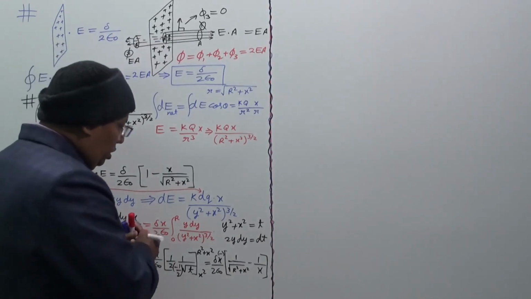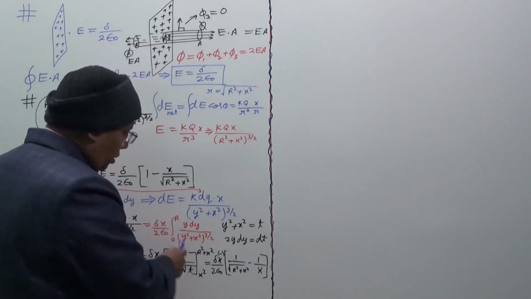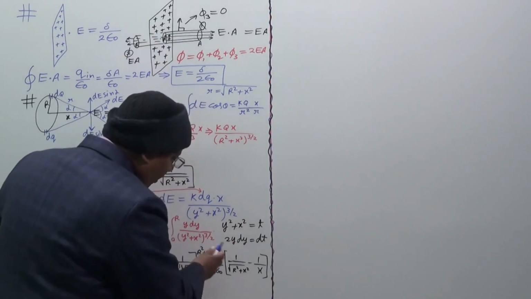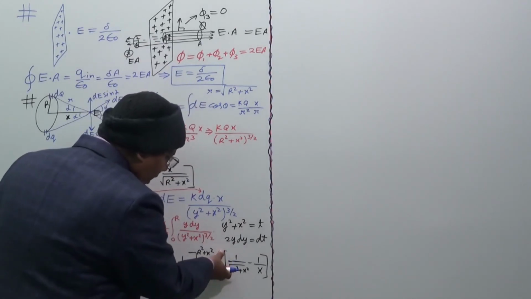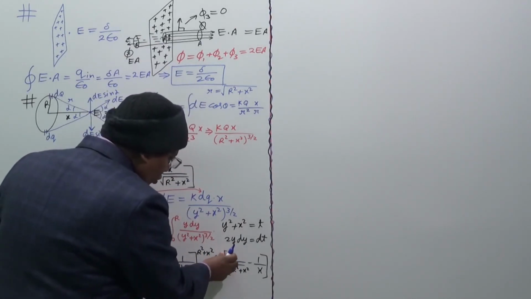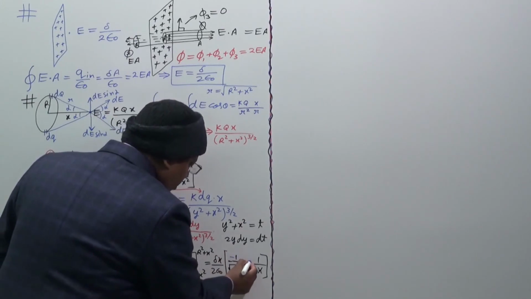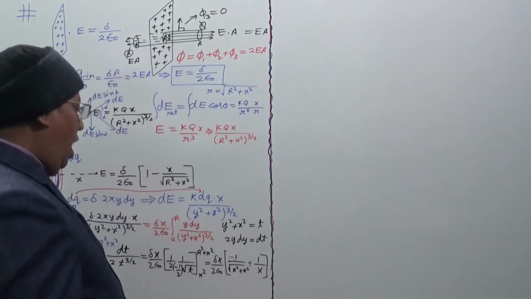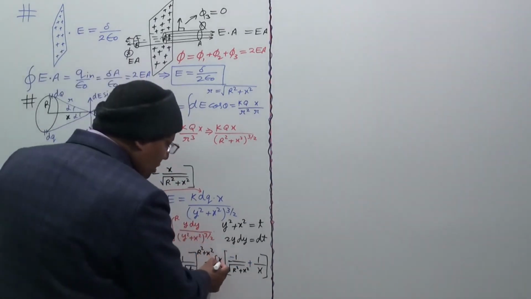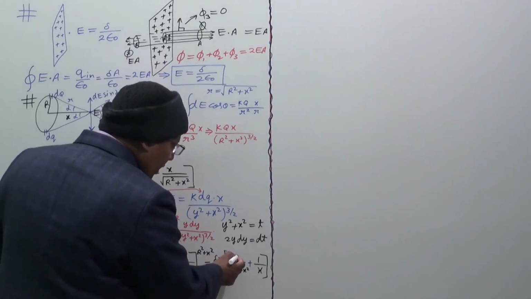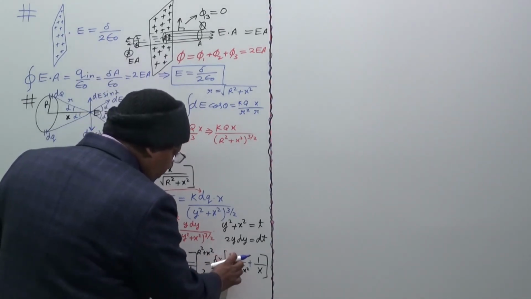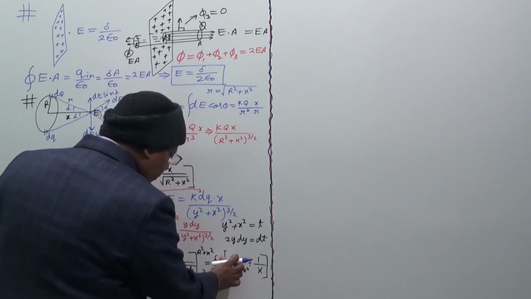So if you remove this minus, you will get a minus sign here and a plus sign here. Now if you multiply this x here, you will get x inside.